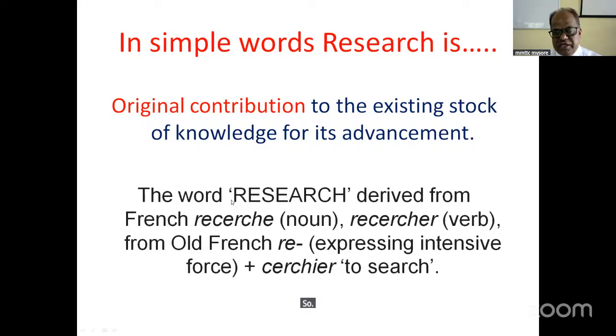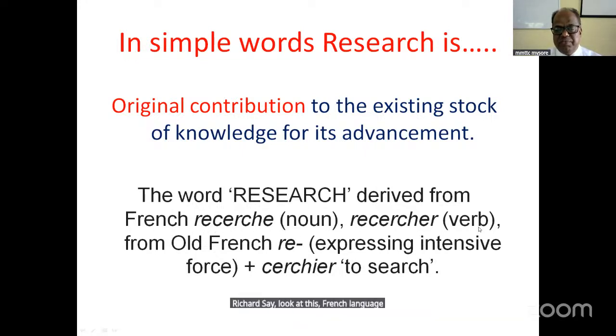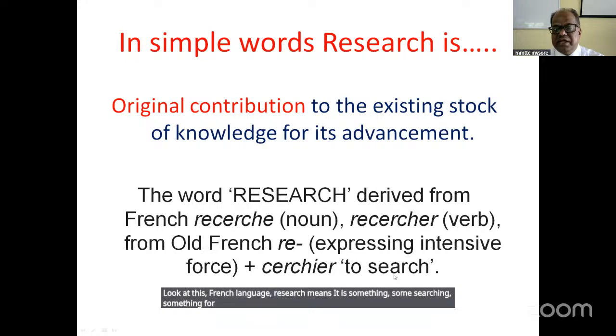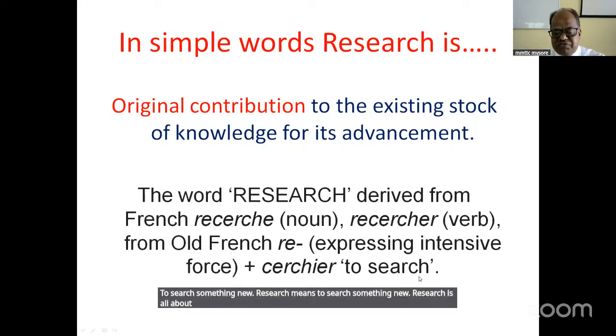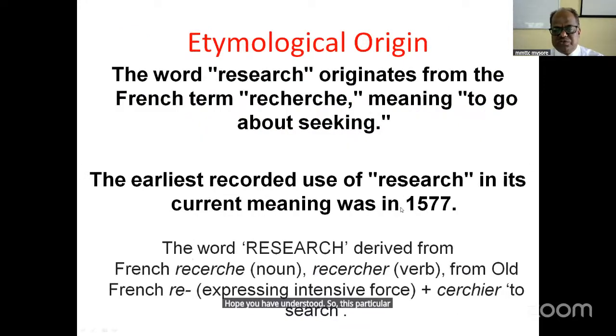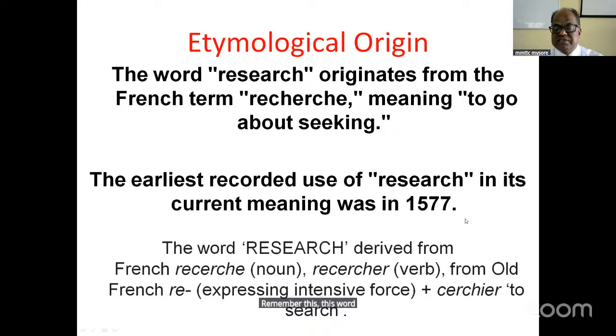When we investigate where the word research is derived from, it comes from the French word recherche, which means to search something new. Research is all about searching for new things. The meaning of the word was introduced as early as 1577. Remember this year, 1577.